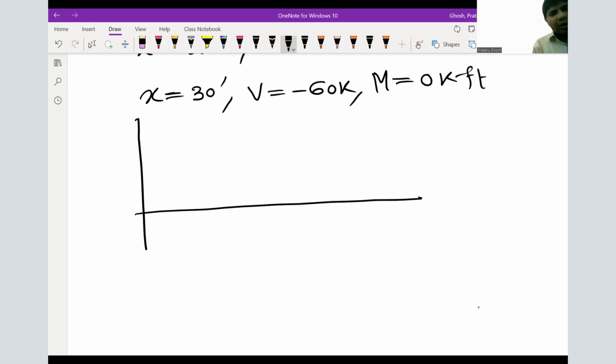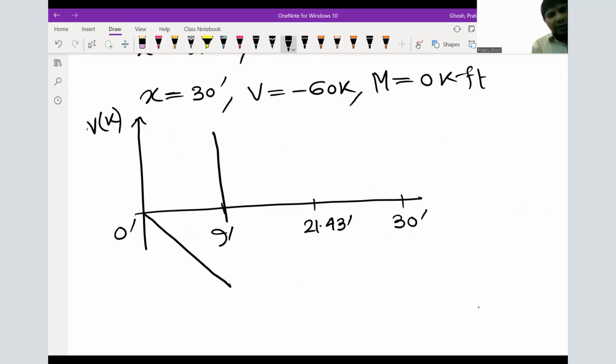You know our important points. V is in kip, x is in feet: 0 feet, 9 feet, 21.43 feet, very important point, zero shear point, and 30 feet. So we start with 0, then negative 63, then moves up to the same point, 87, all straight line.